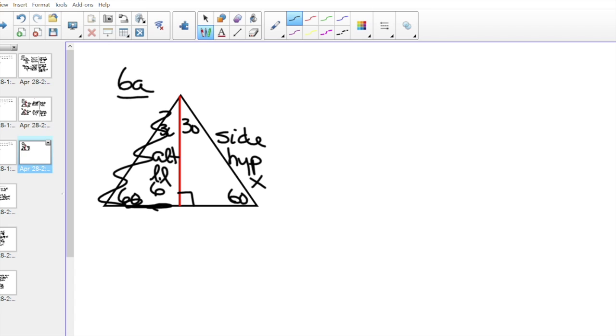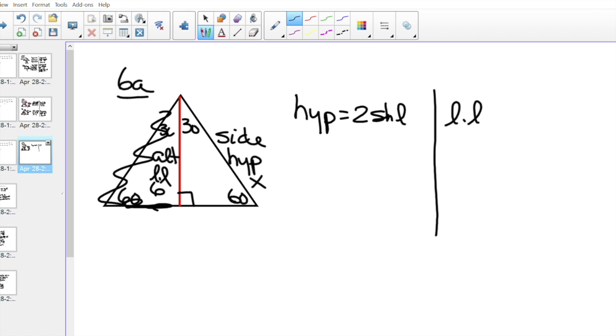And so to find the hypotenuse, you would say 2 times the shorter leg. We do not know the shorter leg, so we've got the longer leg. Well, the longer leg is the shorter leg times the square root of 3. So, we would replace the longer leg with 6 and determine what the shorter leg is.